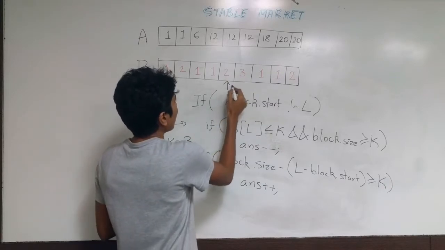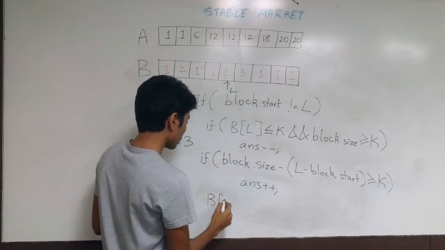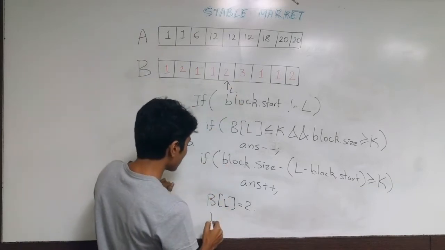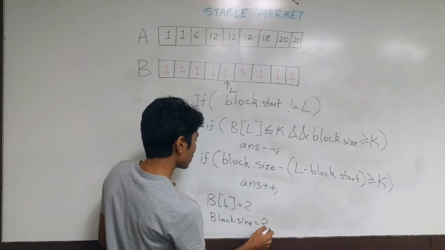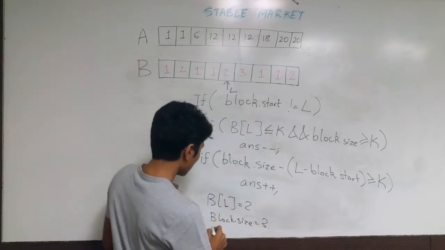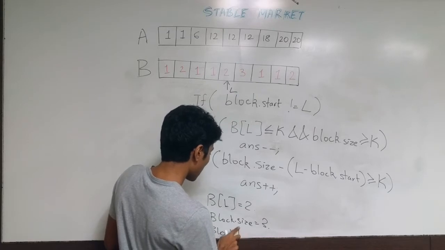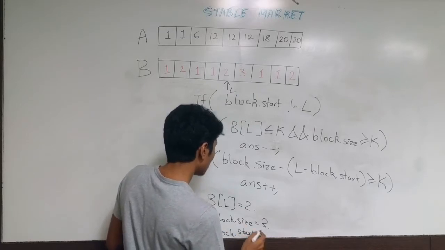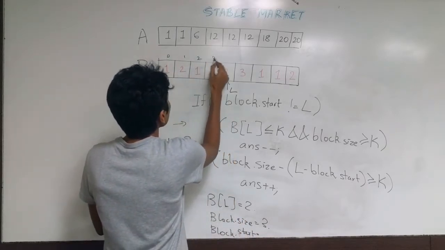And left is over here, capital L. So B of L is 2. This block is of size 3, so block.size is 3, and block.start is equal to the index of this, so that is 0, 1, 2, 3, 4.